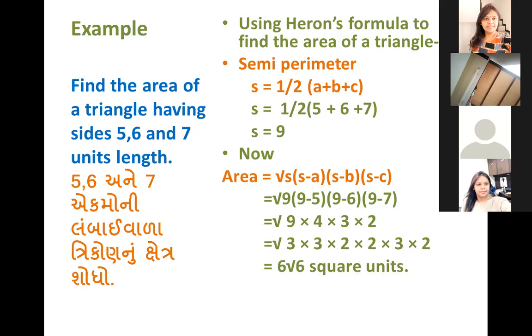If you have three sides and the three sides are different, then you must use Heron's formula to find the area. In Heron's formula, first find the half perimeter, the semi perimeter, and put it in the given formula. Finally you get the value of the area.